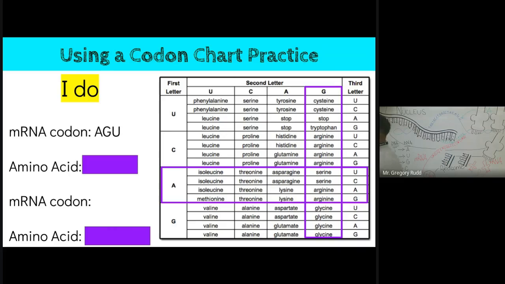So it can only be two things at this point. Serine or arginine. These get ruled out because the second letter is G. But we know the second letter is G, so it's got to be over here. And then my last letter is U. My third letter is right here. So the amino acid is serine.